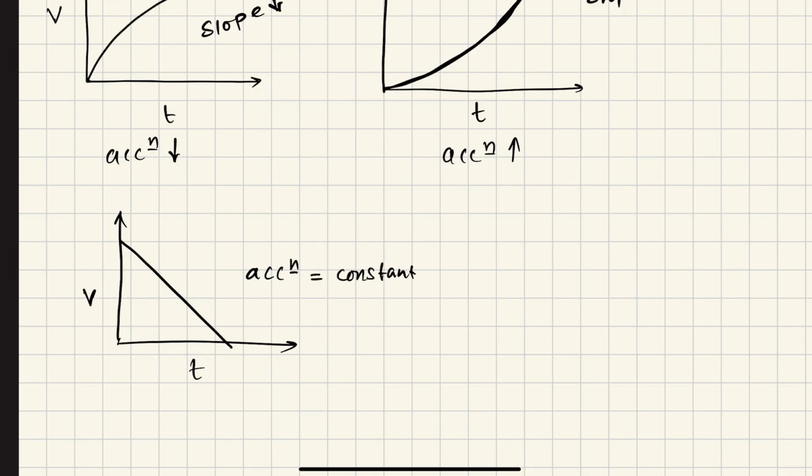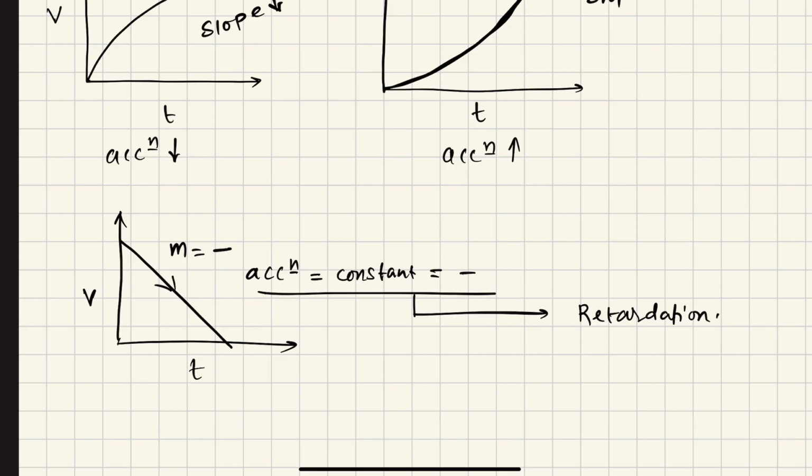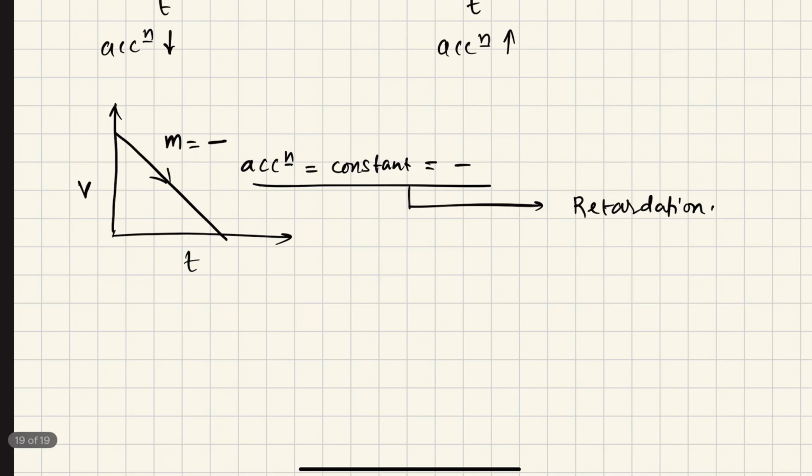But as the line is coming down like this, that means velocity is decreasing with time. That means the slope here is negative. So here the acceleration is negative, which essentially means it is a retarded body. It is a case of retardation. Correct? Clear? It is a case of retardation.